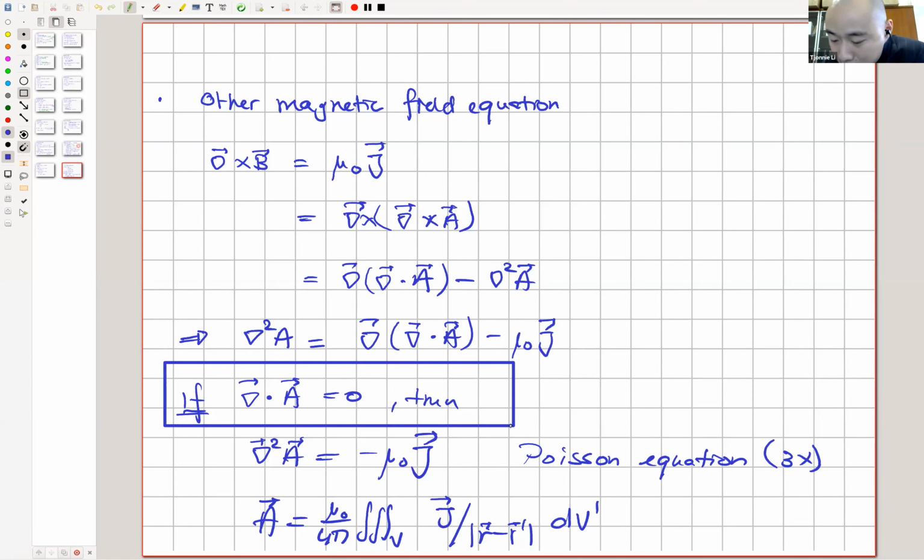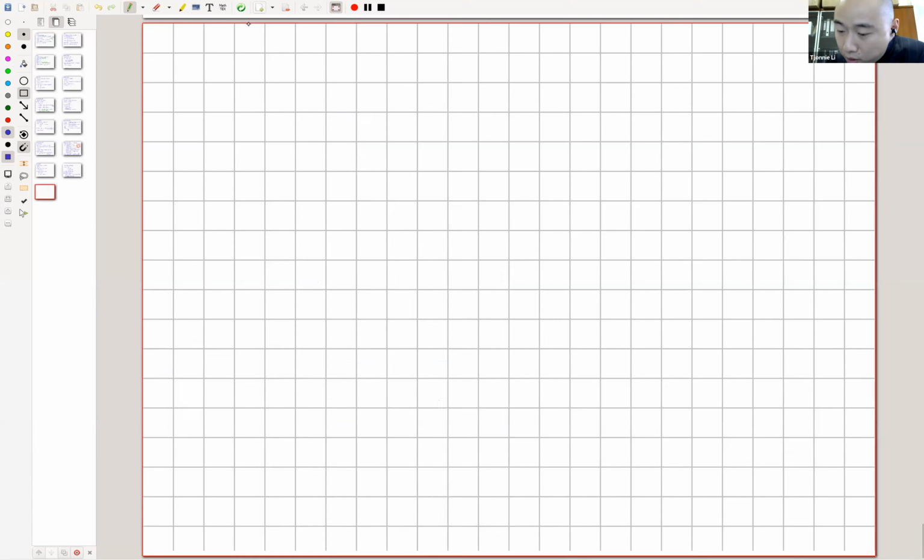This is both subtle and important, because we know that B equals the curl of A.